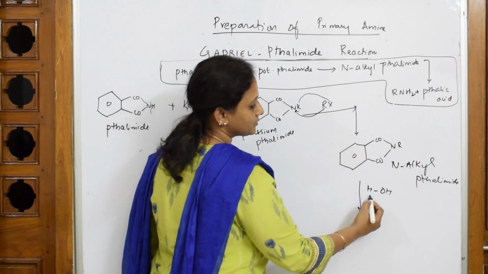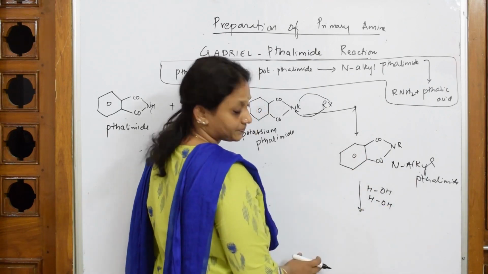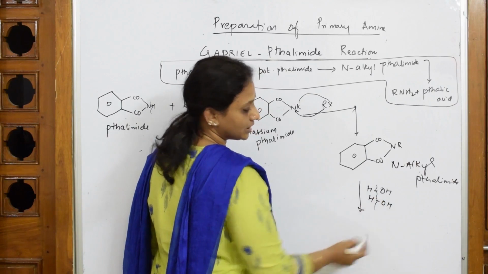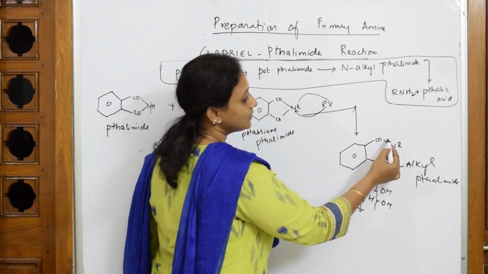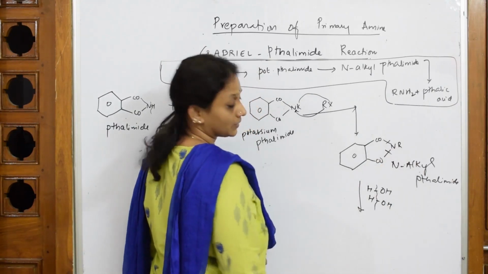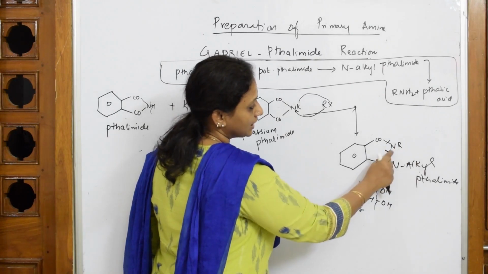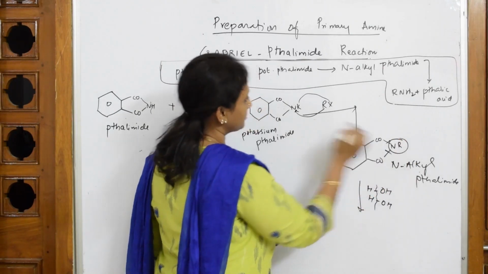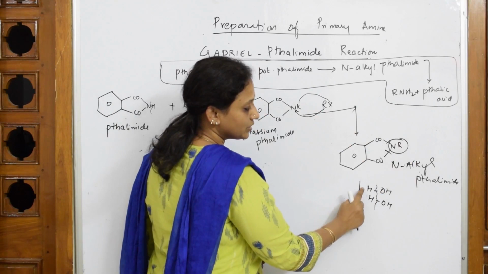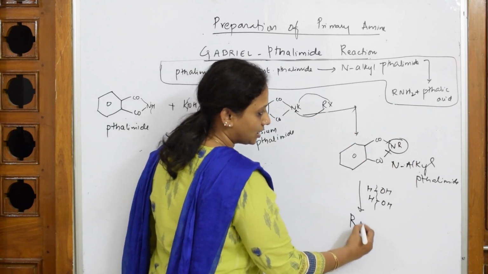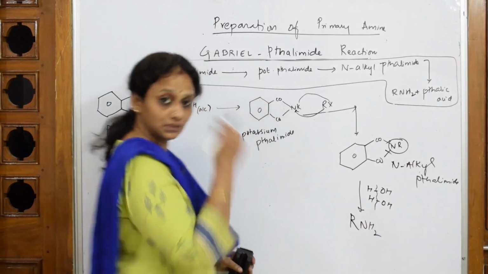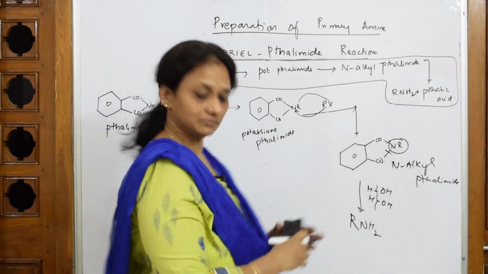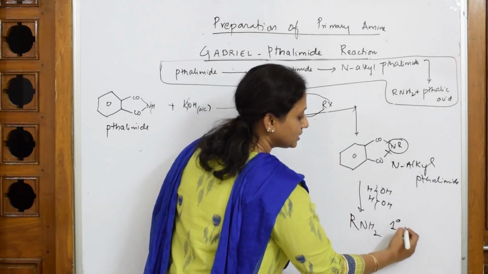There is a cleavage of the bond here, and here. Your R, N, these two which are formed from the alkyl group will come out with these 2 hydrogens forming RNH2. Have we not prepared primary amine? Yes, we have prepared primary amine.